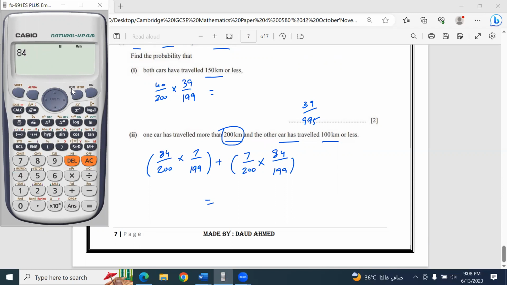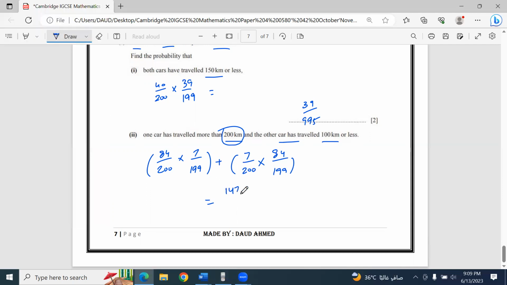Then we can check in the calculator here. 84 over 200 multiplied by 7 over 199 comes to 147 over 9950. Again, the other answer will be 147 over 9950.